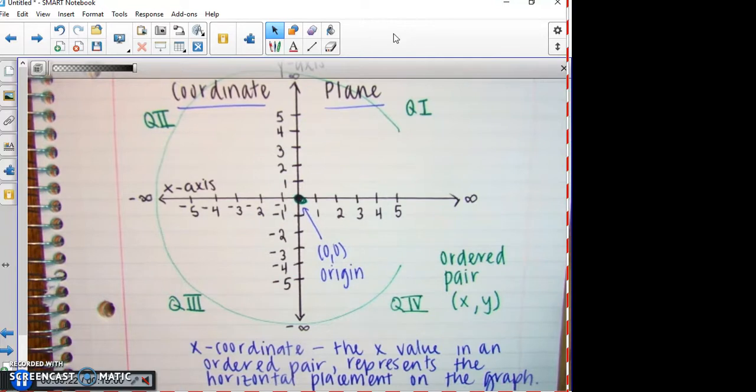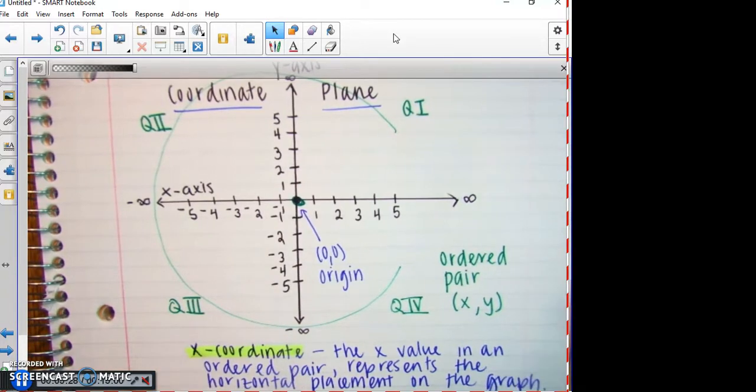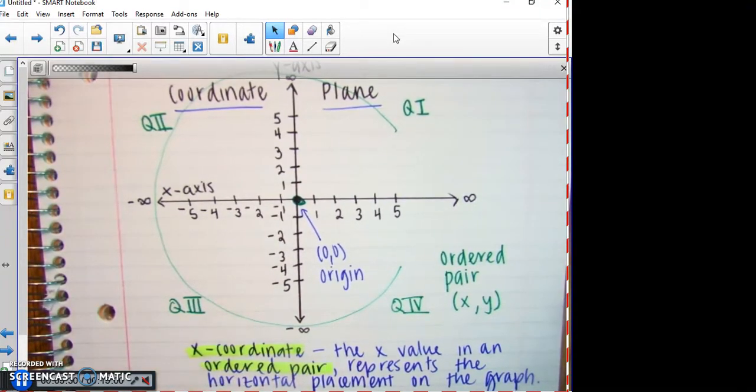So keywords there, x-coordinate: it's the x value in an ordered pair that represents the horizontal placement on the graph.